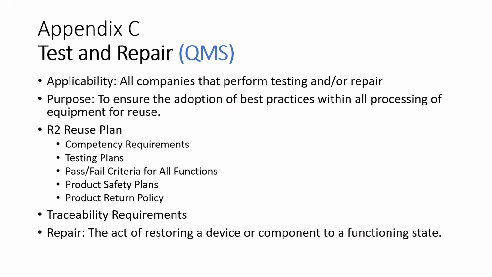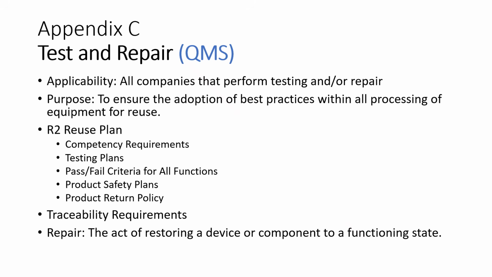A document will be required to create where we will define things like our competency requirements, testing plans, pass-fail criteria for all functions for all equipment we test, product safety plans, as well as product return policy. There are several other things that will need to go into the R2 reuse plan, but as a high-level overview, these are just the things we're going to call out as key components of the reuse plan.